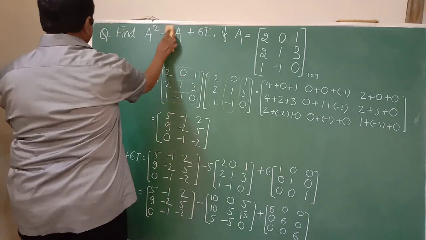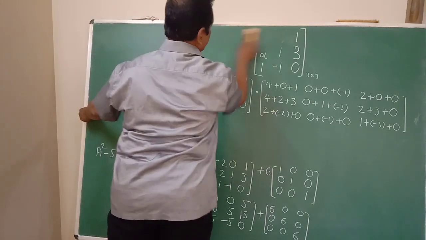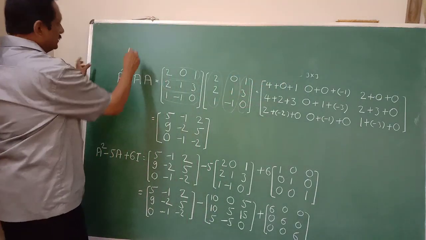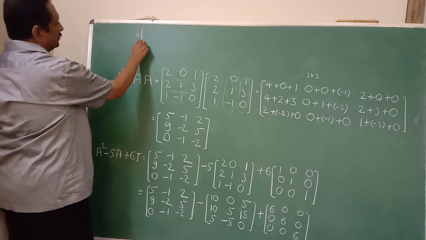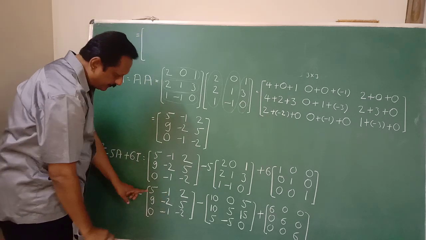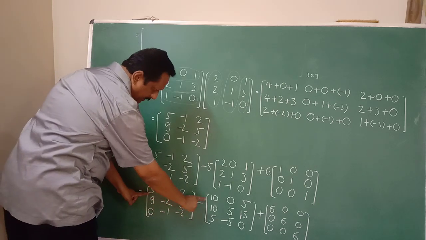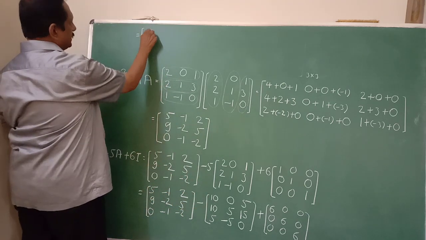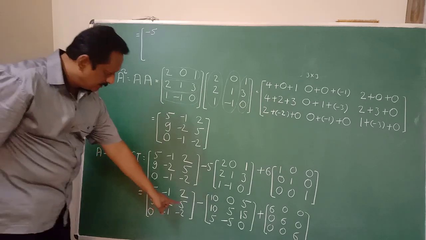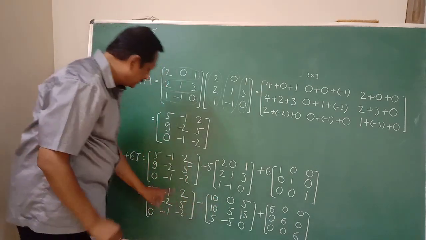So therefore this is equal to, subtracting these two matrices here. So 5 minus 10 minus 5. Minus 1 minus 0 is minus 1.